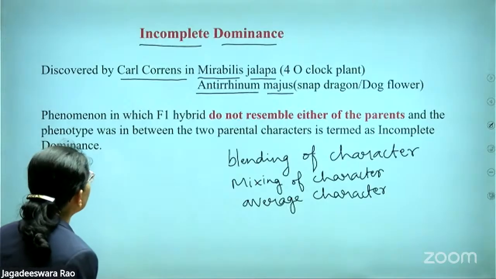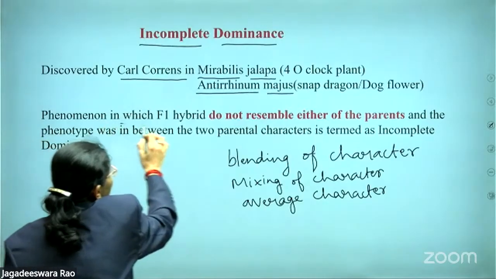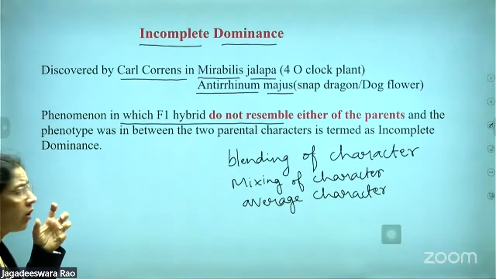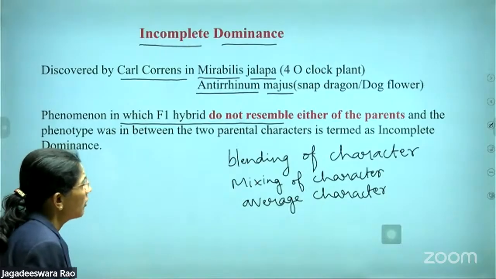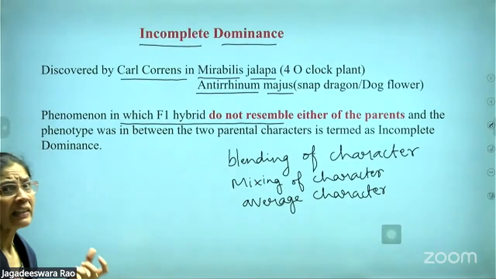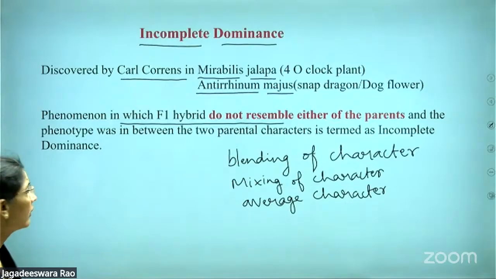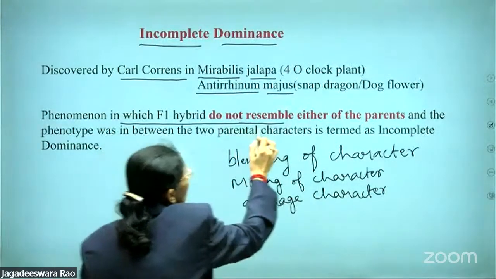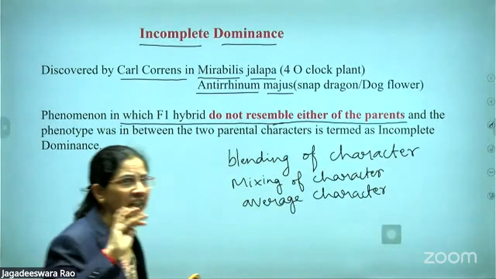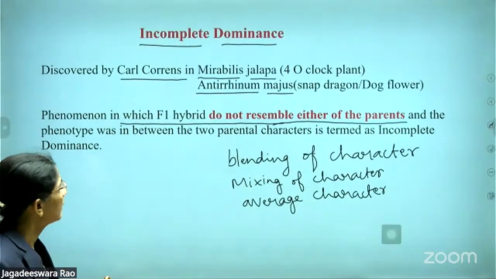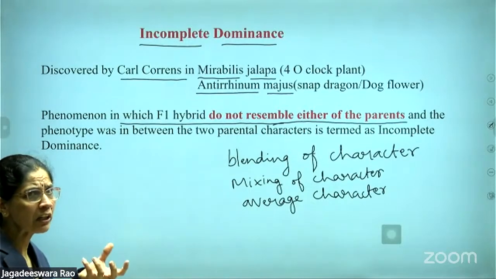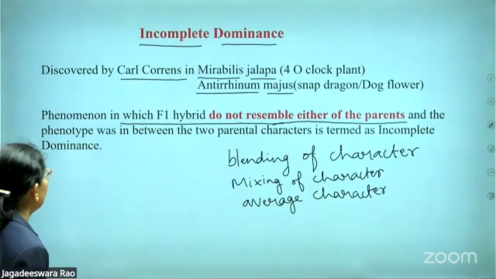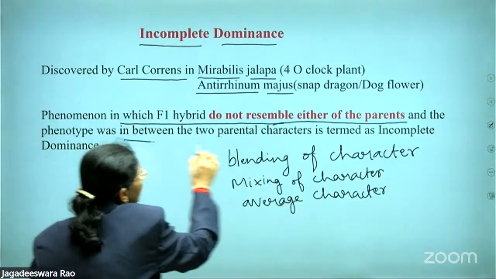So what is incomplete dominance? In a hybrid, if the dominant factor is not able to completely suppress the recessive character, then there will be a hybrid which does not resemble either of the parents. It will not be similar to the parents, but it will be a new character arising here in the F1 generation, that is in between the two parental characters.